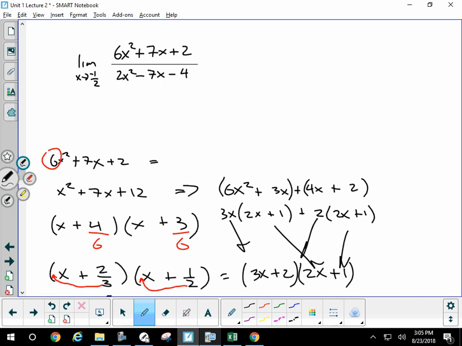And then the last technique, which I'll show you for the bottom one, is just by figuring it out. Okay? And that's what teachers only taught back in the day, because the other ones are a little bit mysterious as to why they work. So it used to be, okay, you have your first term, 2x squared. You know the only two numbers that multiply to get 2x squared are 2x and x.